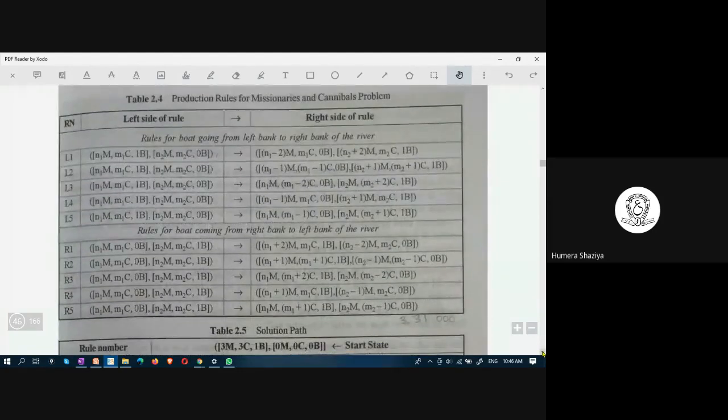These are the rules. Ma'am, do we have an option to bring back the missionary or cannibal so that both can be on the left side?